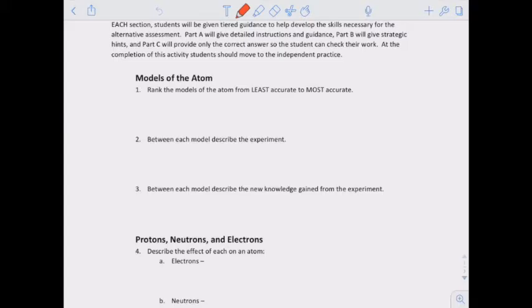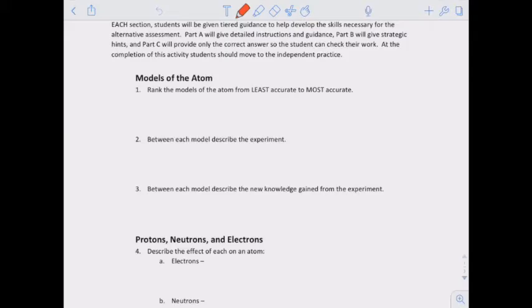Between each model, describe the experiment. So how did they find these things? When we're talking about Dalton's theory of the atom, he used different gases to determine that there was an atom, or a thing of atoms. Moving on, J.J. Thomson used cathode ray tubes to determine that there were positively and negatively charged particles.